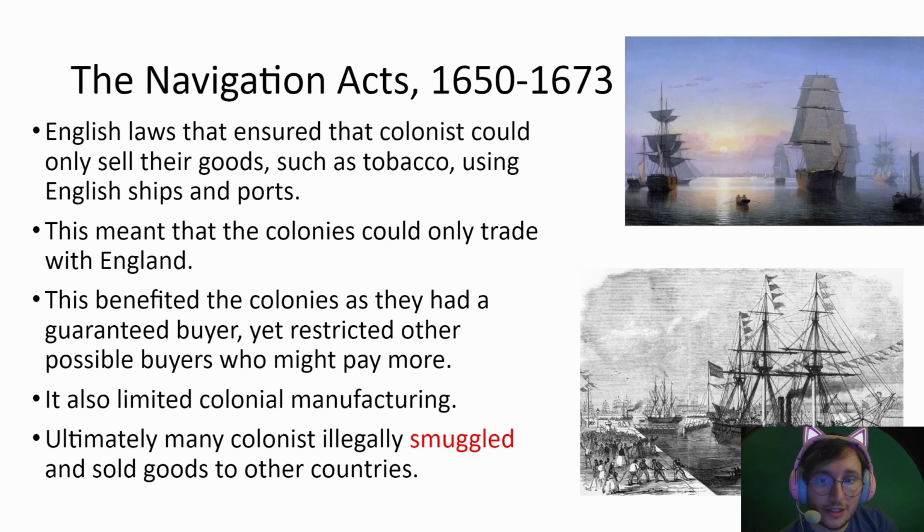These laws ensured that the colonies could only trade with England, limiting their economic independence, and it's going to really push some colonists to resent the English crown, as now they cannot trade with other European countries and perhaps make more profit. Though the Navigation Acts did provide the colonies with a guaranteed buyer for their goods, they also restricted the colonies' ability to trade with other nations, potentially limiting their profit.